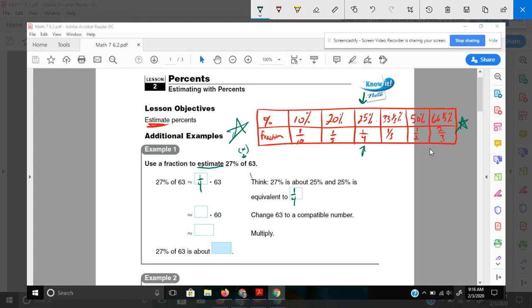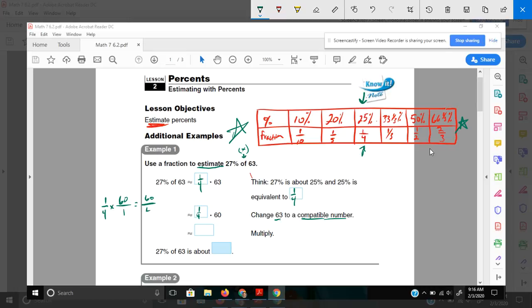Well, again, I'm going to round again. So I'm going to change 63 to a compatible number. I'm going to change it to about 60. So I'm going to take 1/4 and I'm going to multiply that by 60. Remember, when you multiply fractions, you multiply the numerators and then you multiply the denominators. 60 is the same as 60 over 1. So top times top would give me 60.